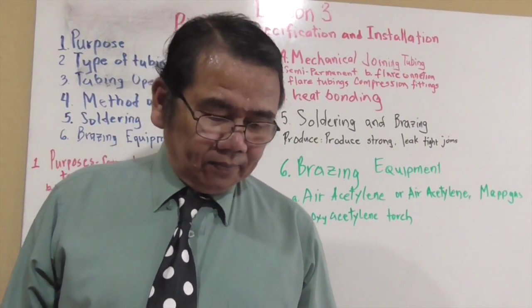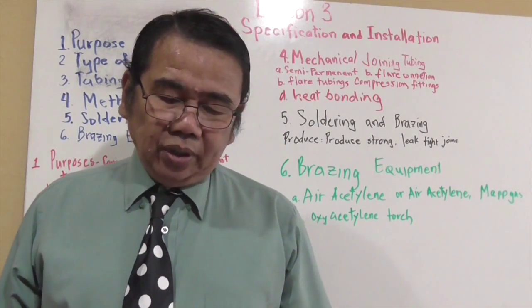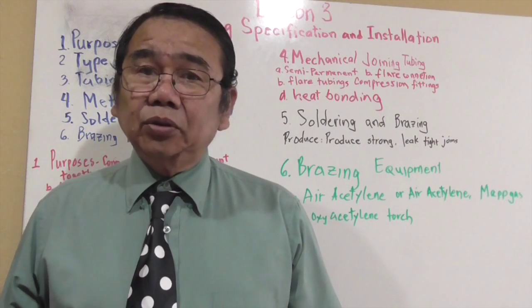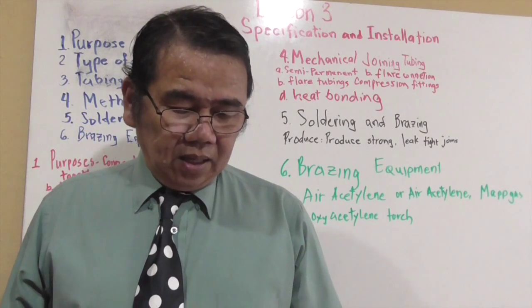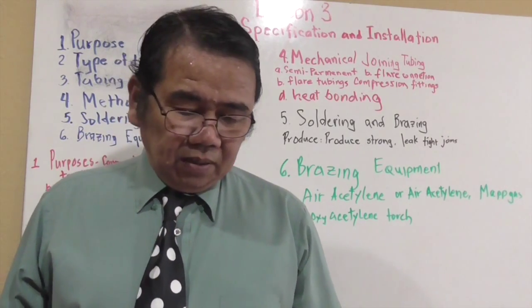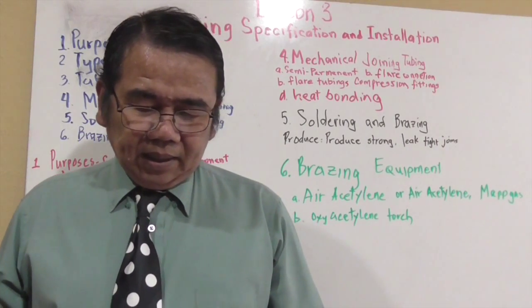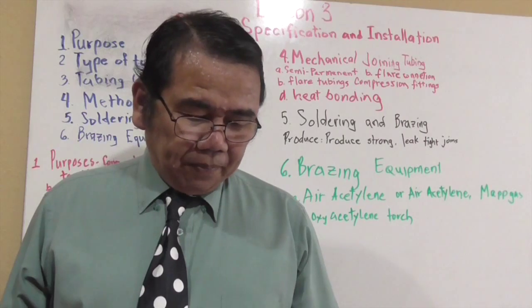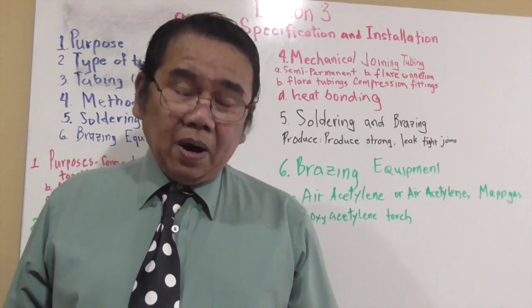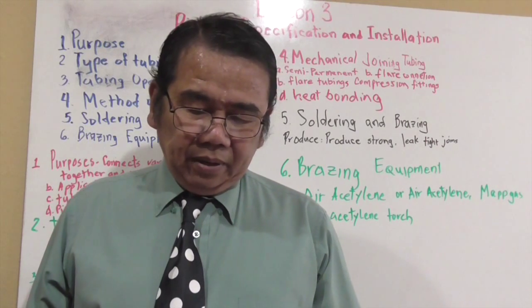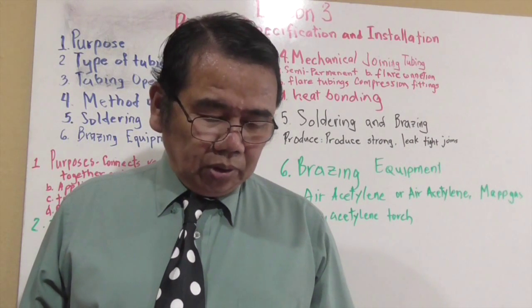Flared fittings are widely used when joining copper or thin-walled steel tubing. You must use flaring tools, generally a 45-degree angle in refrigeration or copper. Properly made flares are very important for a good seal.